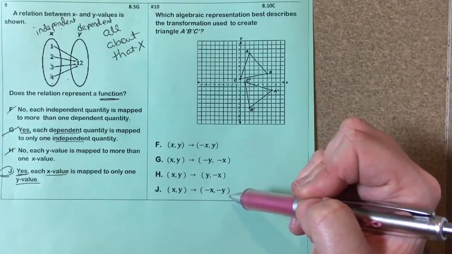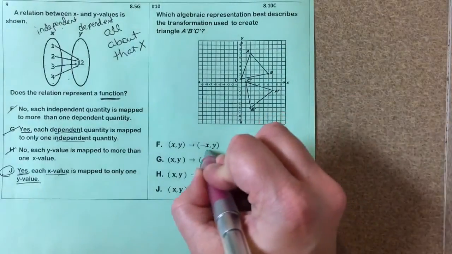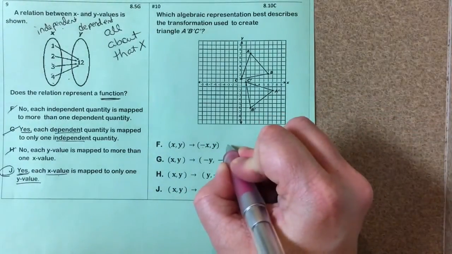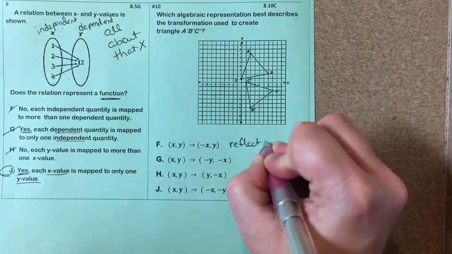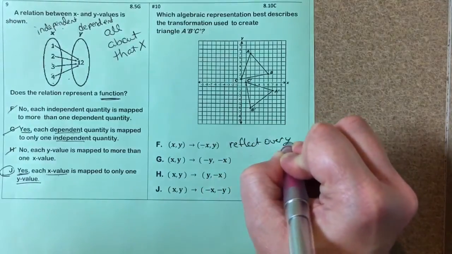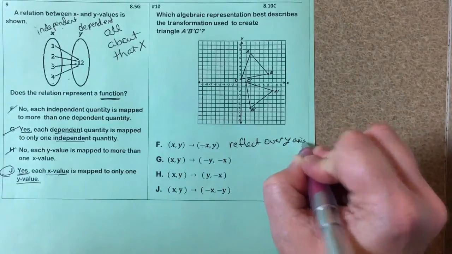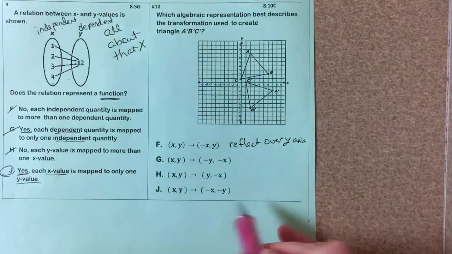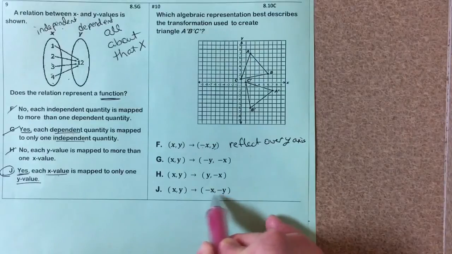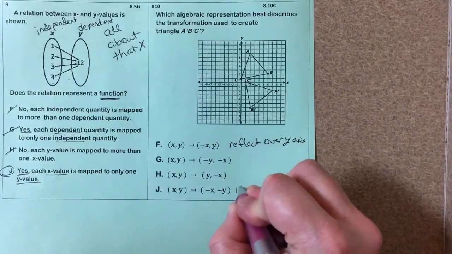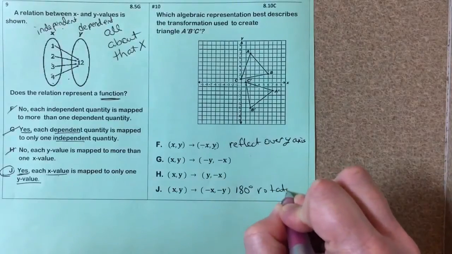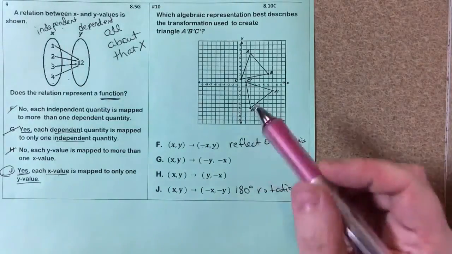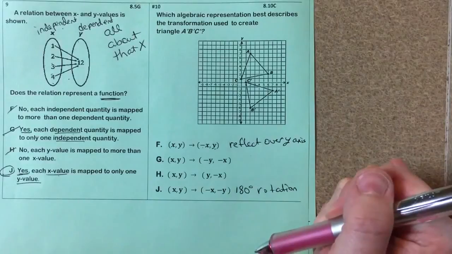I do know that when the x is negative, that this is a reflection over the y-axis because the y doesn't change. And I do know when both the x and y turn negative that that's a 180-degree rotation because I just remember that one. So I'm kind of down to these two choices.